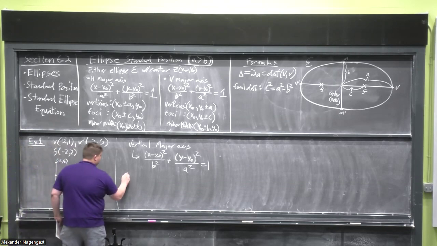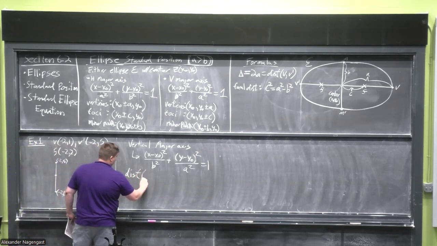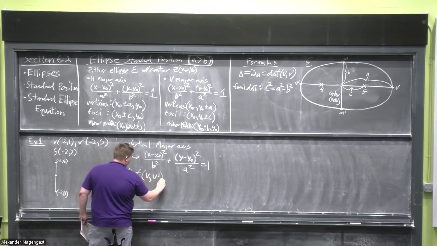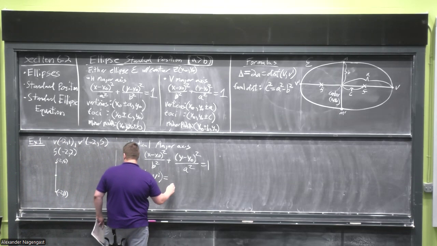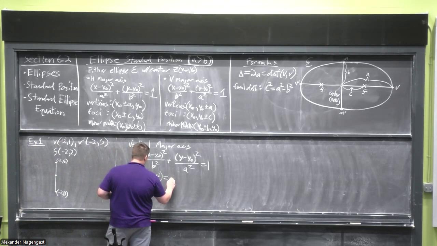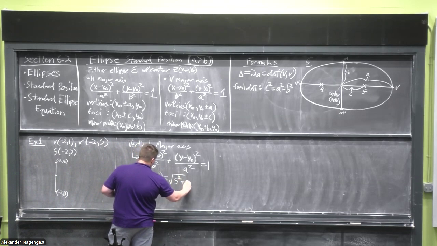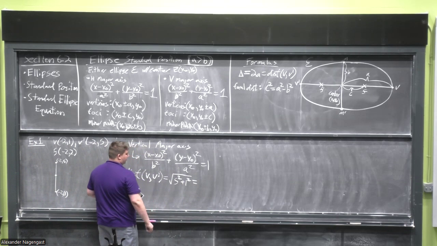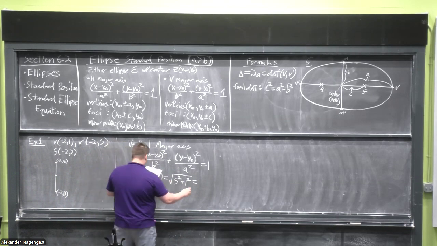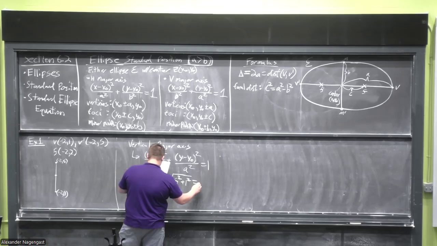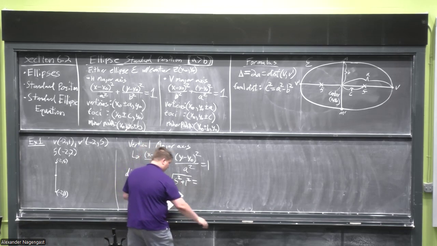So we'll need the distance of V to V prime, which equals the square root of 5 squared plus 1 squared... No, sorry, I messed this up.